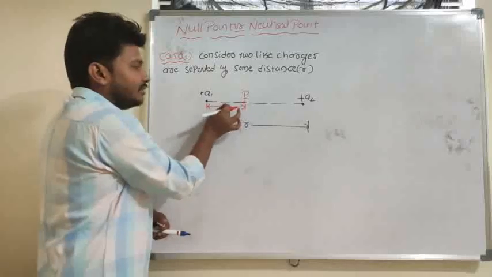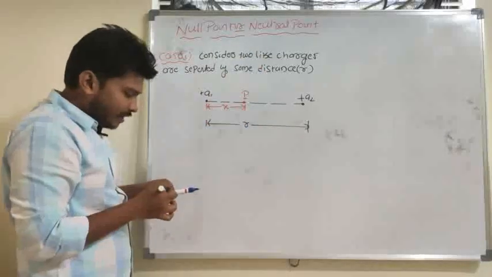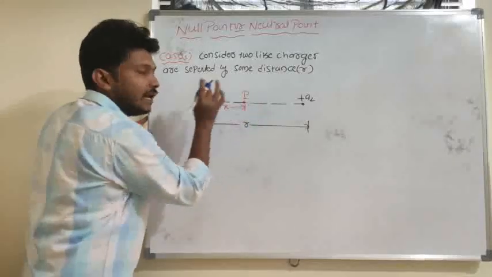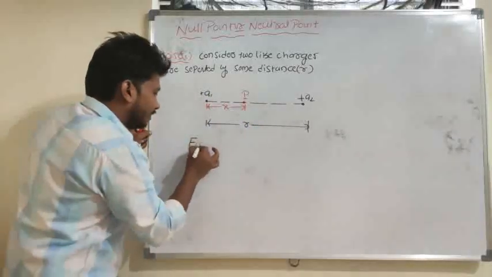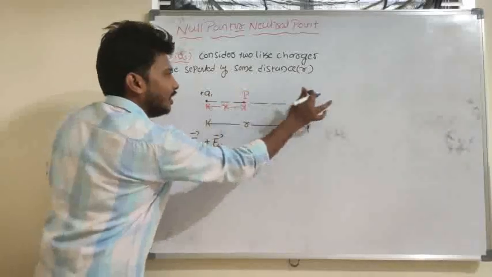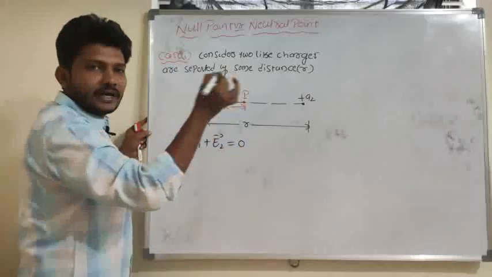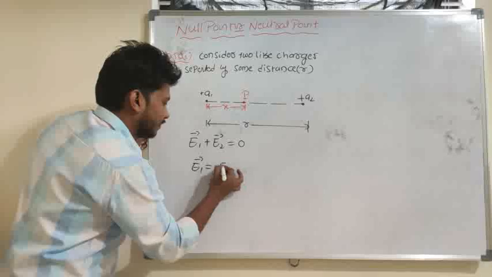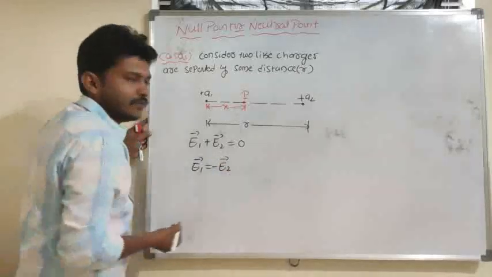In order to calculate this value, I will solve the equation here. I said that the electric field will be 0. That means the electric field due to charge q1 plus the electric field due to charge q2 is equal to 0, or I can write E1 is equal to minus E2 as vectors.